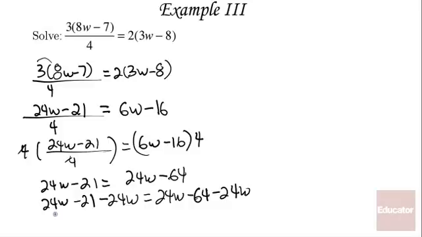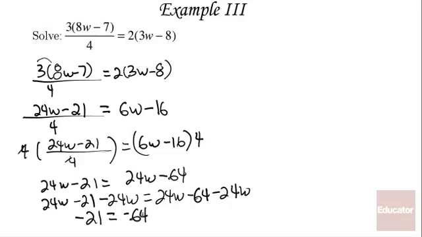If I look at this, I have 24w minus 24w, so that's going to cancel out. Fine, I have minus 21. But I look on the other side, and the variable cancels out there as well. 24w minus 24w cancels out. What this leaves me with is negative 21 equals negative 64, which is simply not true.